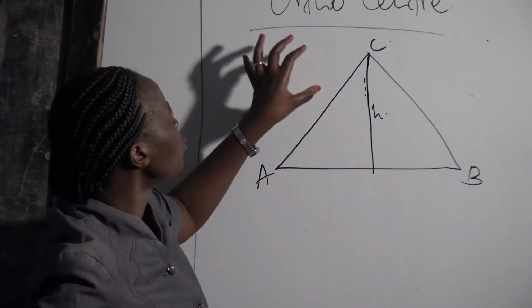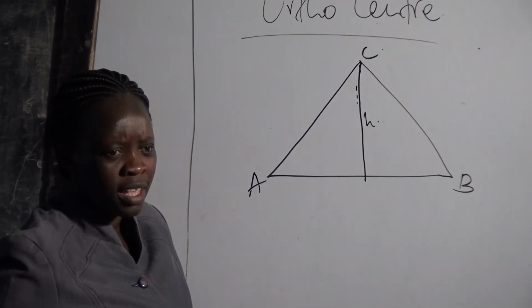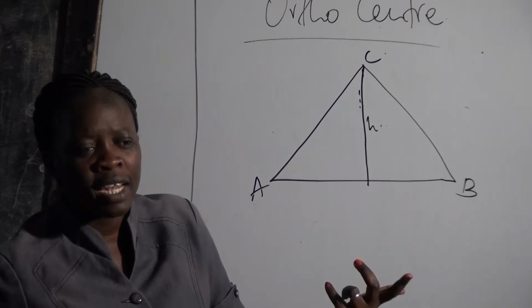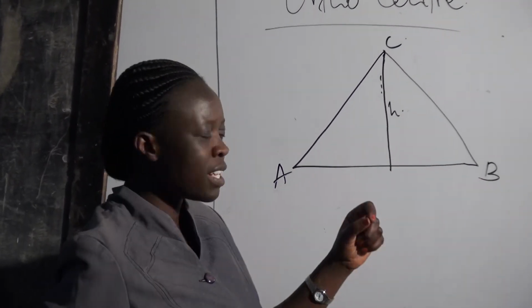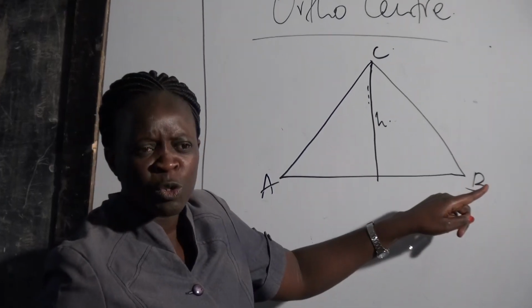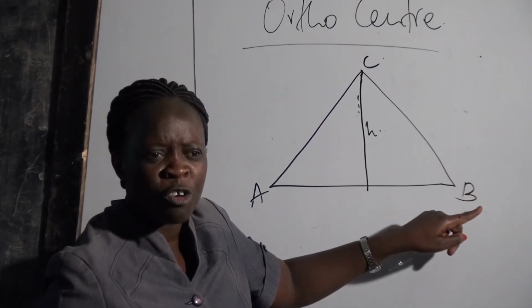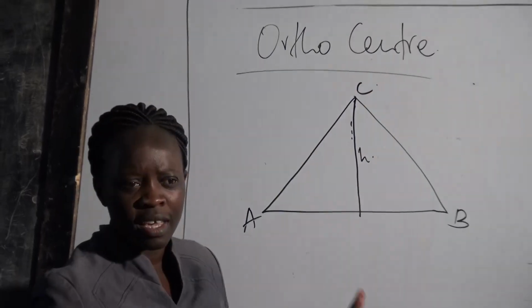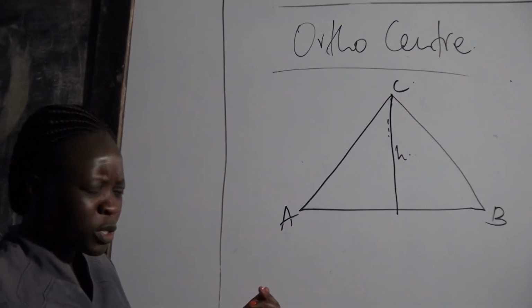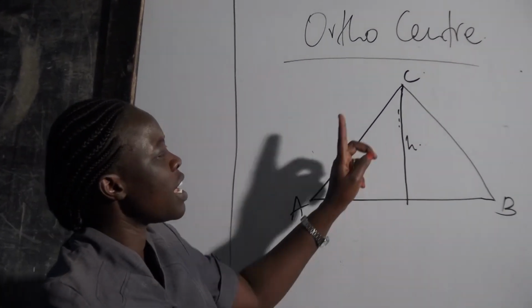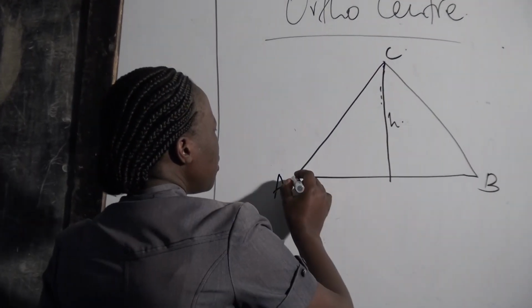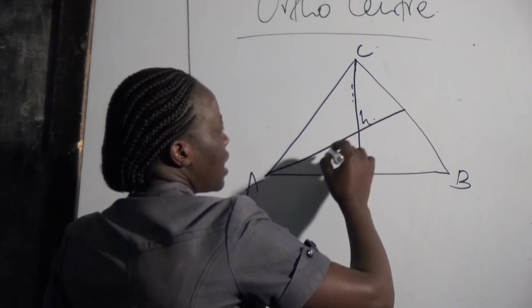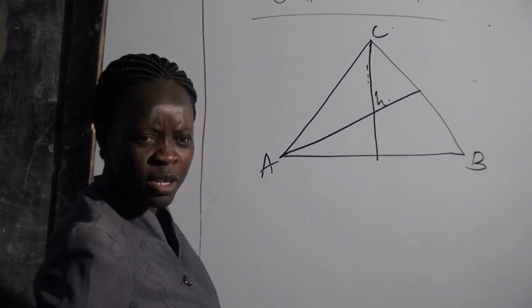But for you to draw the orthocenter, we are going to create altitudes from all the vertices. For example, it is possible to create an altitude from B to which side? AC. It is possible to create an altitude from A to BC. If I draw this line, can that be the height of the triangle? Yes.